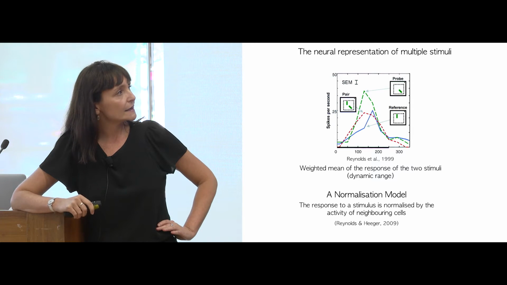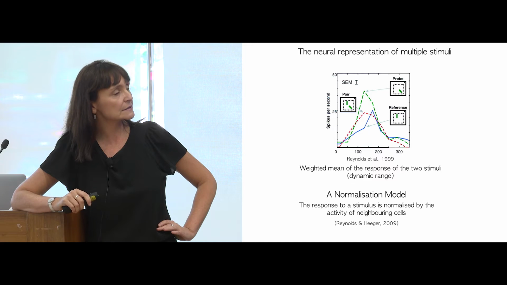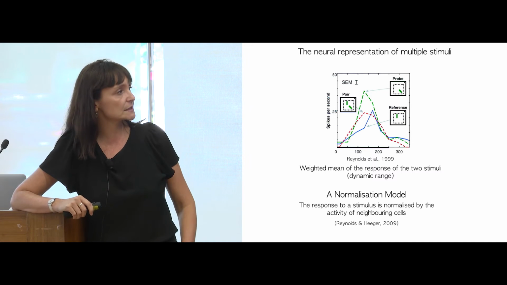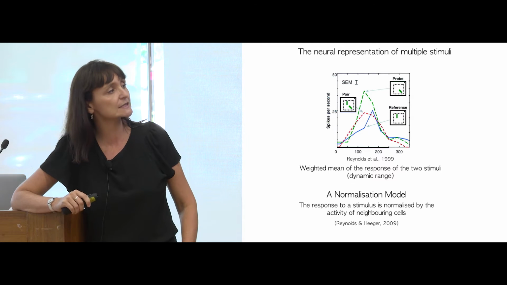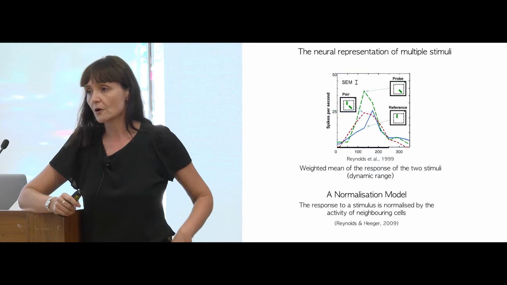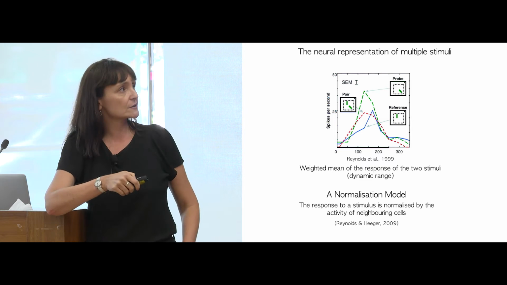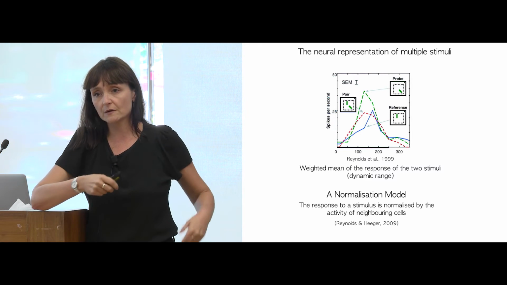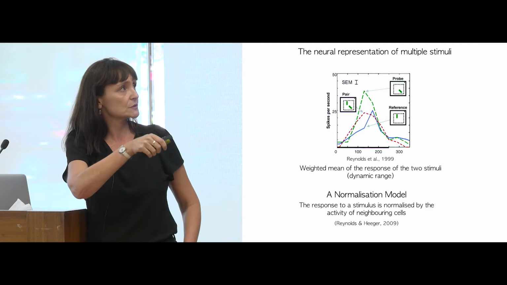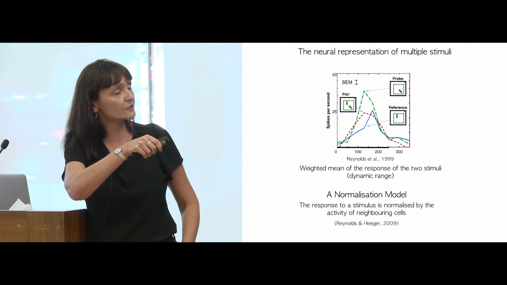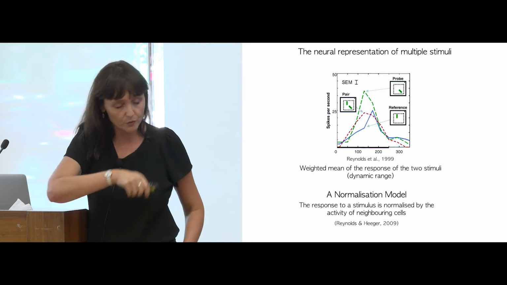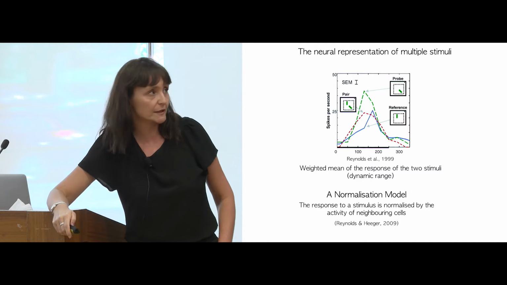And what Heeger and colleagues have suggested for this kind of response is that the response of the cell to the stimulus is normalized by the activity of neighboring cells. So neighboring cells that are selective to the non-preferred stimulus are suppressing the response of the cell that is selective to the preferred stimulus, and the response that we get to the two stimuli presented together is the weighted mean of each of them separately.